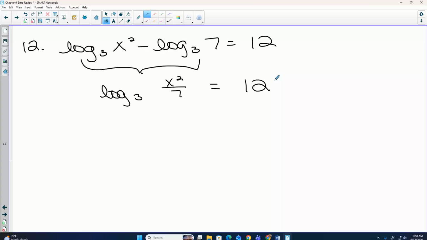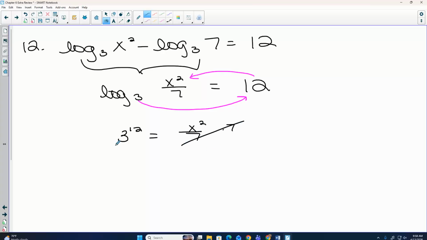Either there's a log on both sides and you can drop it, or if it's only on one side, what do we do? Yeah. This is the definition of a log. We rewrite it in that exponential form. So that means 3 to the 12th power is equal to x squared over 7.